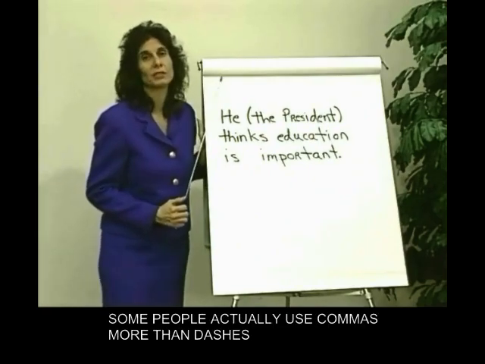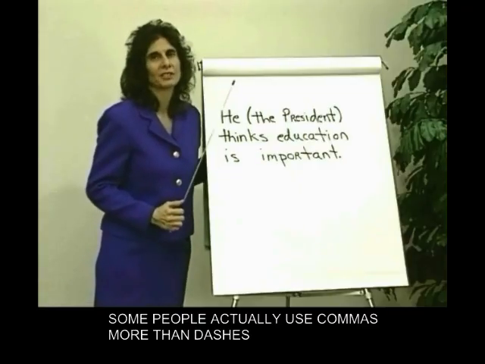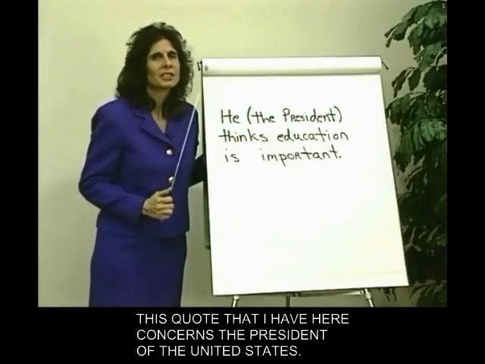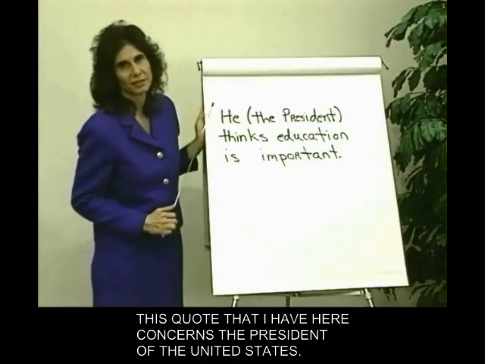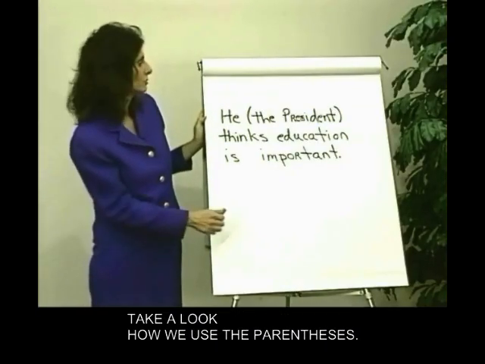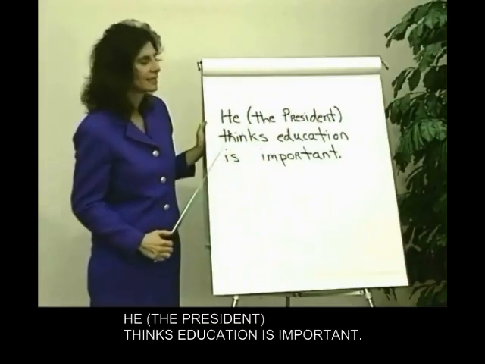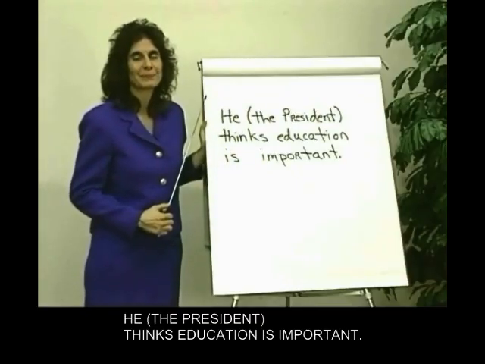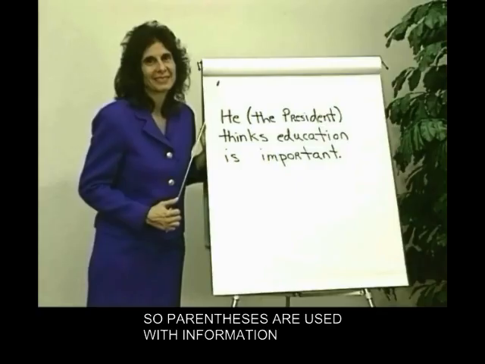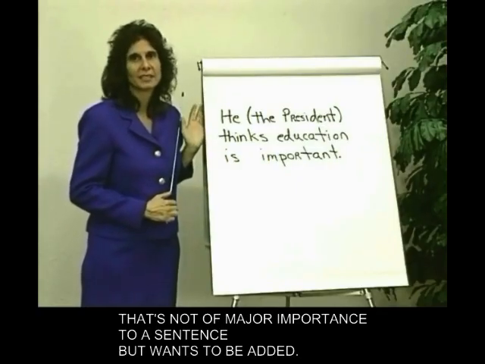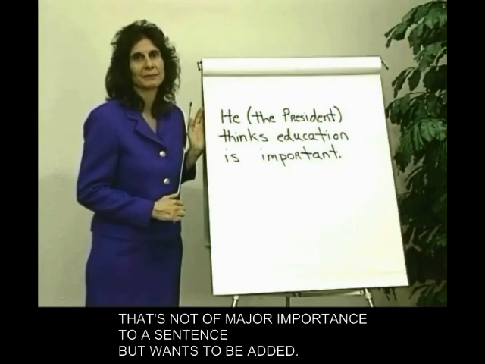Some people actually use commas more than dashes and dashes more than parentheses. This quote that I have here concerns the President of the United States. Take a look how we use the parentheses. He, parentheses, the President, thinks education is important. So, parentheses are used with information that's not of major importance to a sentence, but wants to be added.